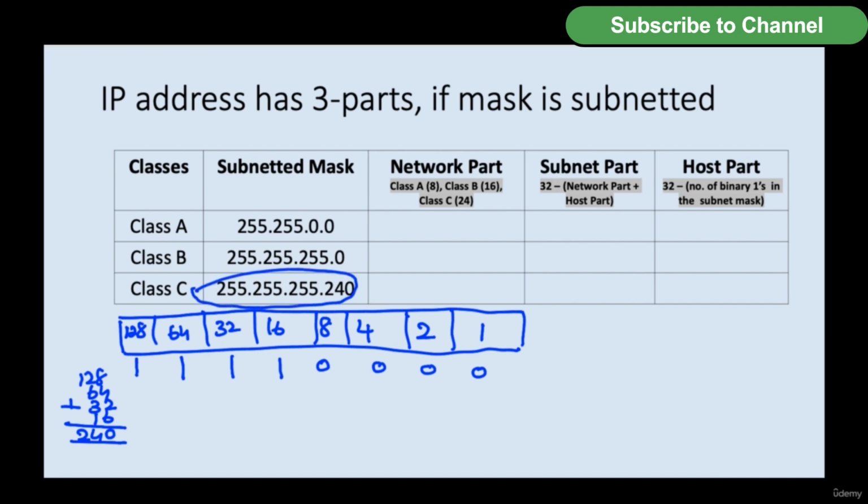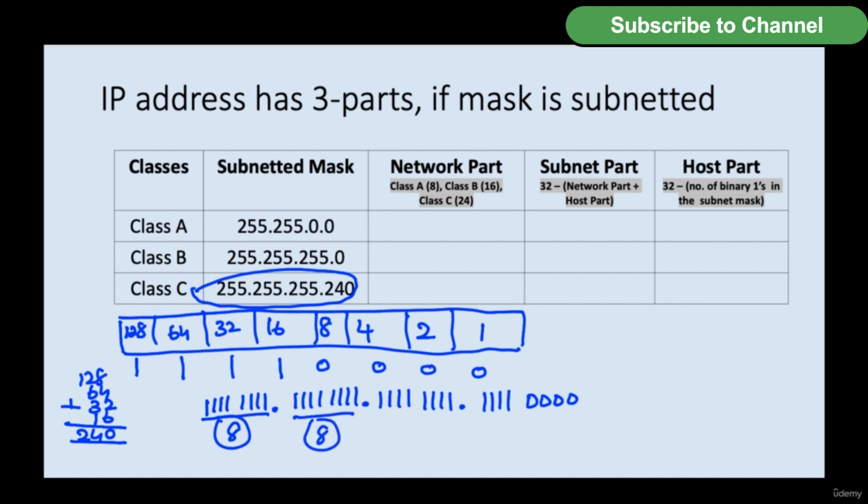So I want to determine how many ones there are in this subnet mask. Okay, 255 means 8 binary ones. Next 255 means 8 binary ones. Next 255 means 8 binary ones, and 240 means 4 binary ones and 4 binary zeros. So this is 8 ones, these are again 8 ones, these are 8 ones, these are 4 ones.